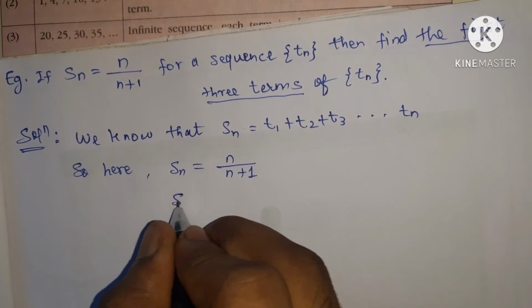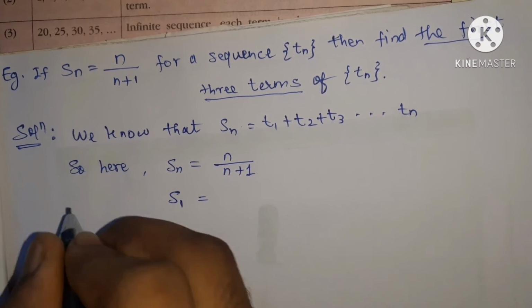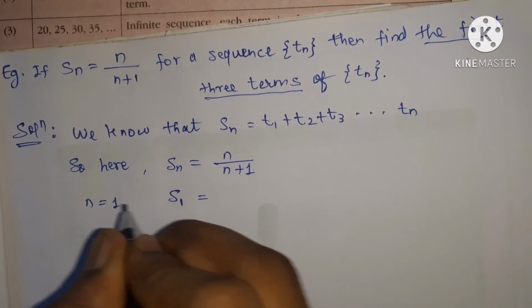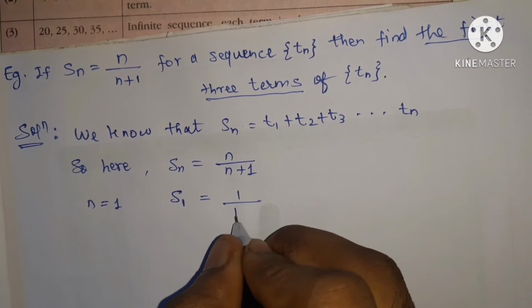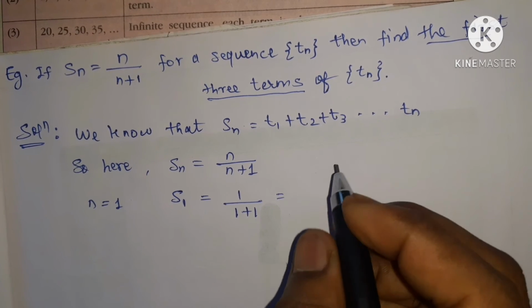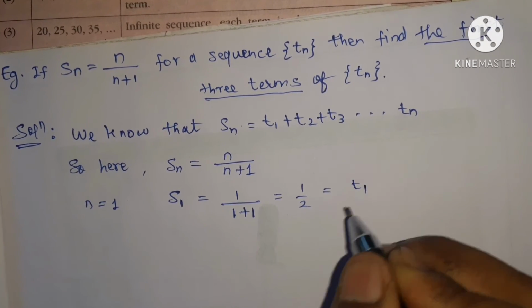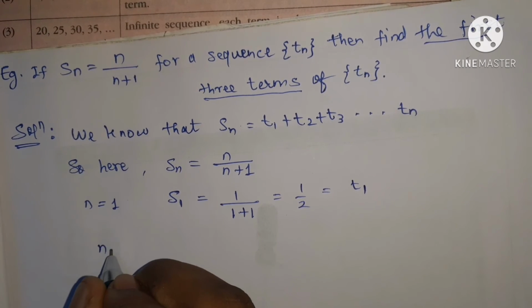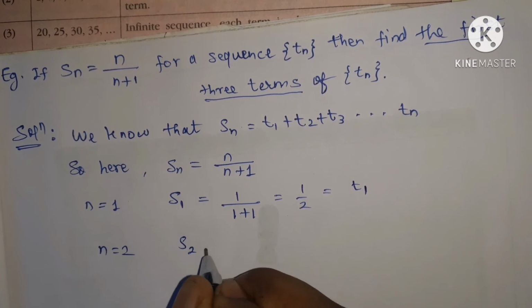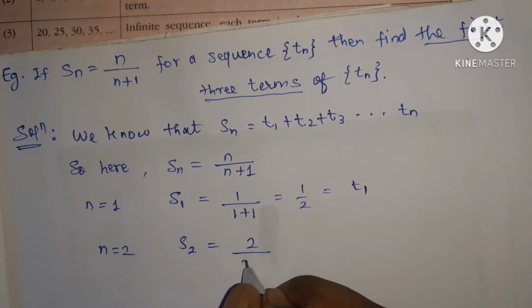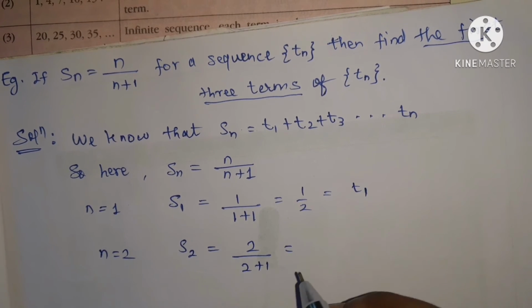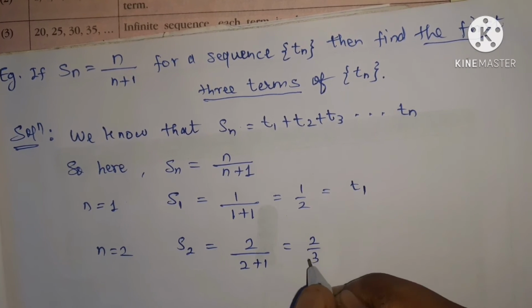For the first sum we need to put n is equal to 1. So 1 upon 1 plus 1, which is equal to 1 by 2, which is our first term. In the same manner for the second we need to put 2, which is equal to 2 by 3.